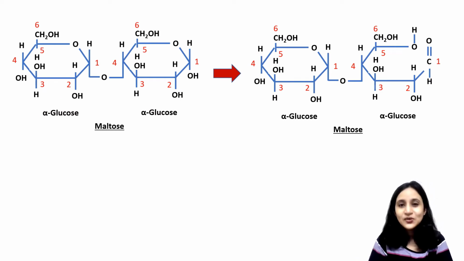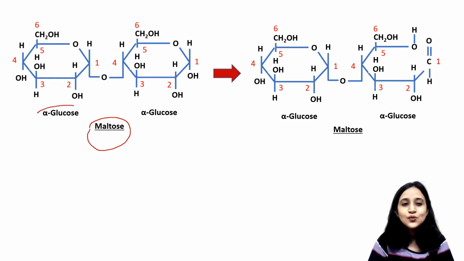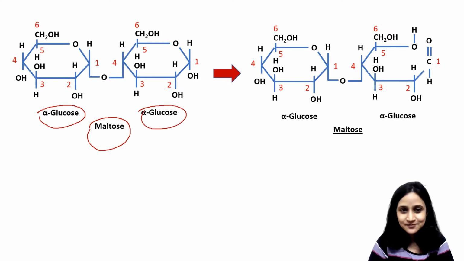When two monosaccharides fuse together, a disaccharide forms. In case of maltose, it is made up of two alpha glucose units. Two alpha glucose units are linked by the alpha 1,4 linkage. In case of maltose, free aldehyde is formed by opening the ring.